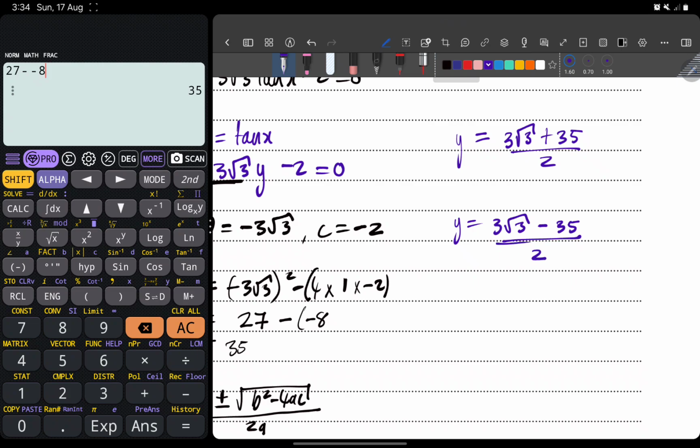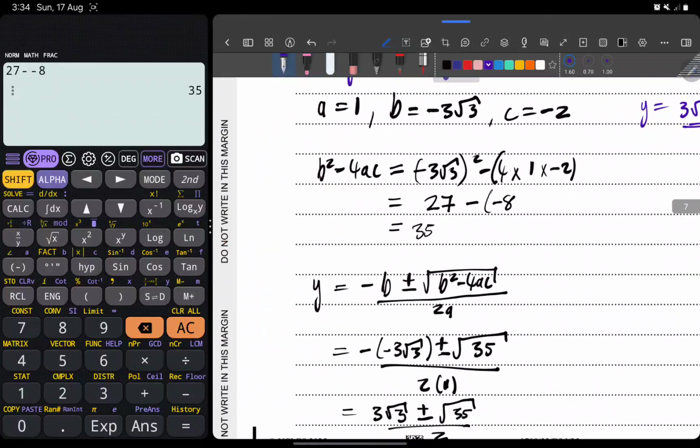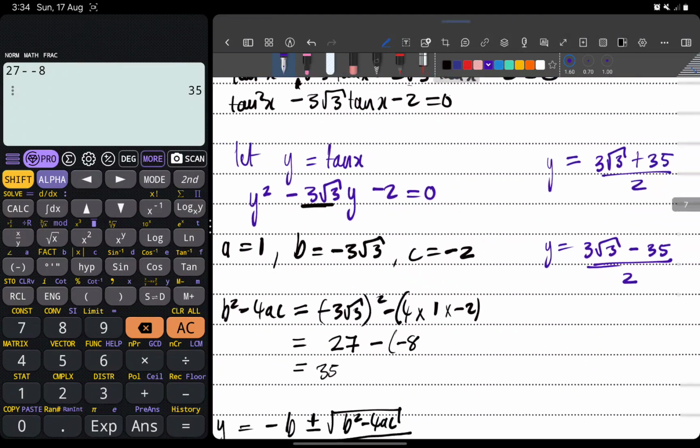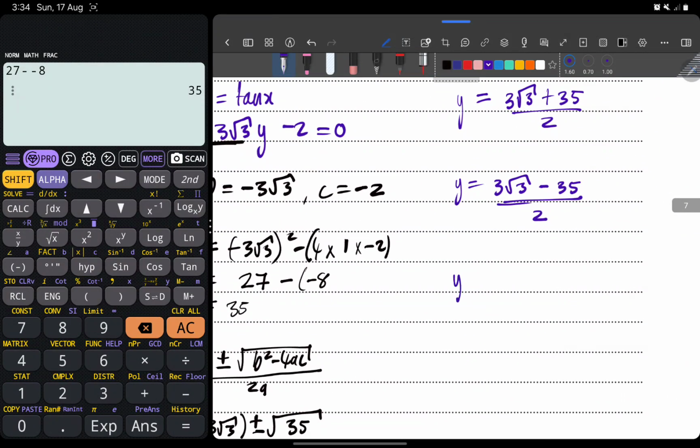Can you see this? So we have the y. But what did we say y is? We said y is equal to tan x. So y is equal to tan x, or you can rewrite it to say tan x is equal to y, which means x is equal to the tan inverse of y.